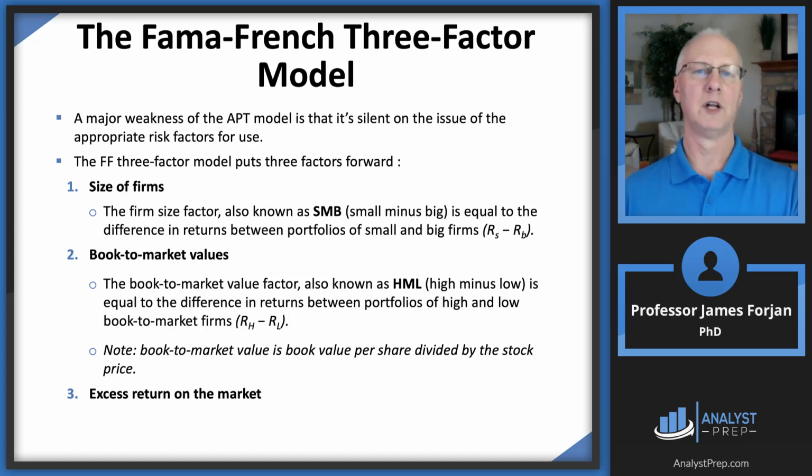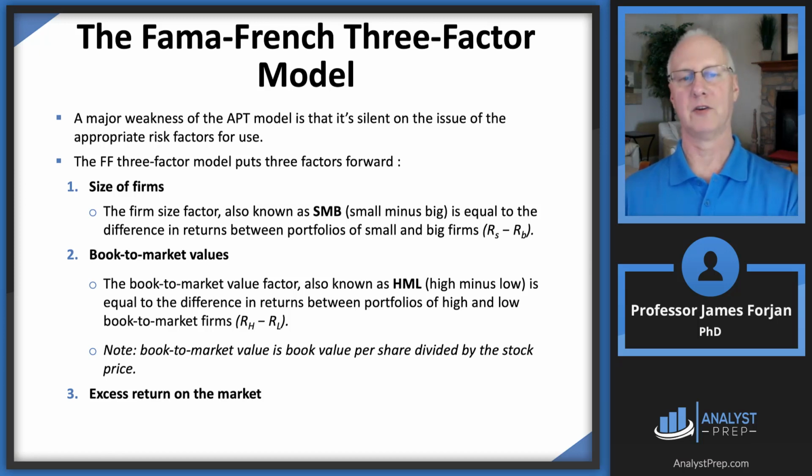So Fama and French, they came up with 3 factors. And this was really a fascinating article when it came out in the finance academic community. So we're relying on firm size, we're relying on book-to-market values, and we're relying on market risk premiums, just like we did back in the capital asset pricing model.